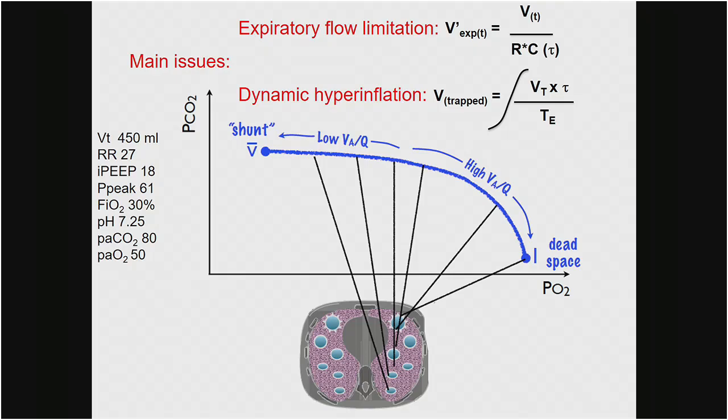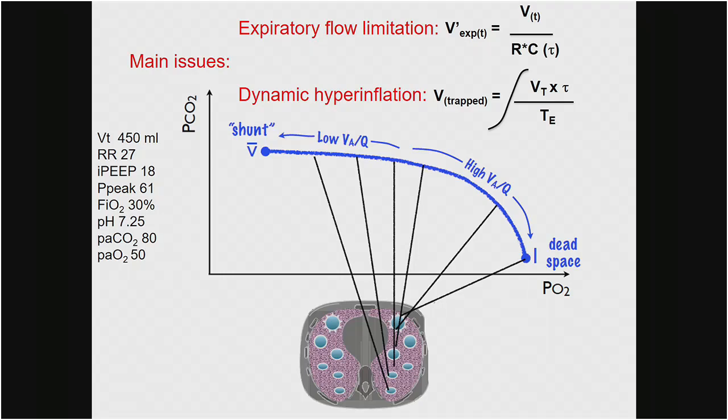So the real issue in these patients would be to try to decrease the CO2, as shown on the right upper part of the slide, by decreasing the trapped volume, the hyperdistension, this intrinsic PEEP. And we do that in a more complicated way.